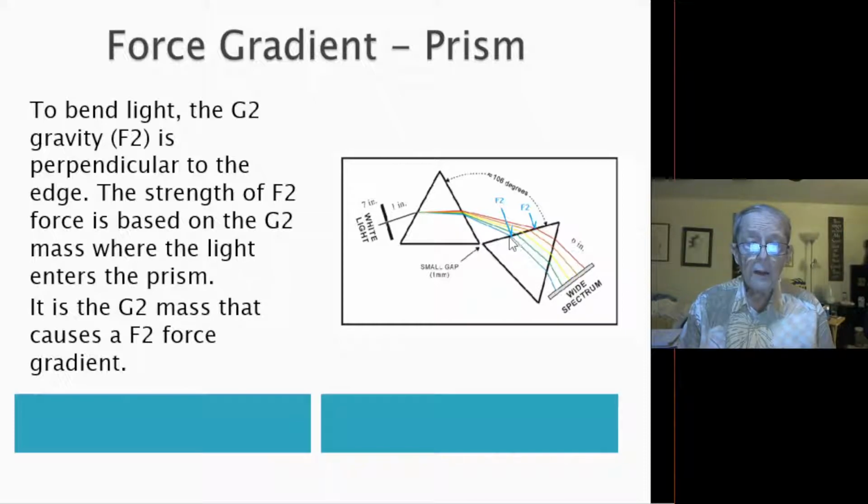And here, this light enters the prism, and it has a larger mass than this light, which enters the prism, and hence the net G2 gravity force here is smaller than here. The strength of the F2 force is based on the G2 mass where the light enters the prism. It is the G2 mass that causes the force gradient.